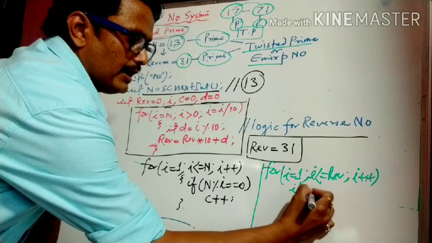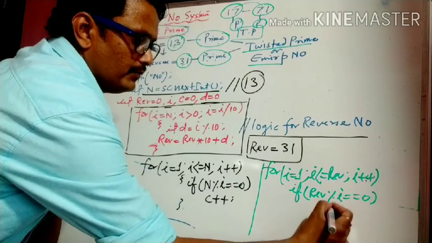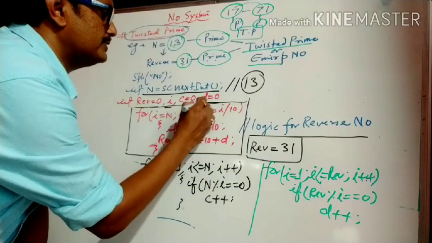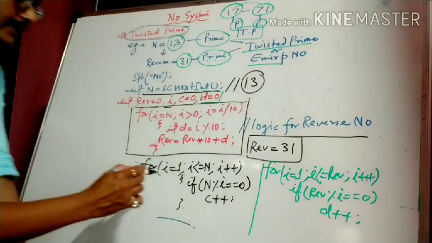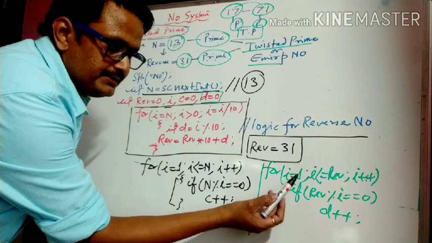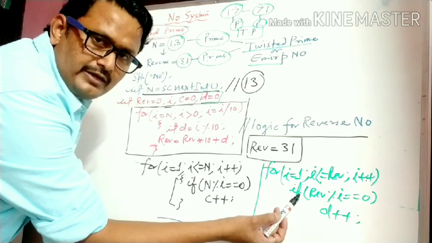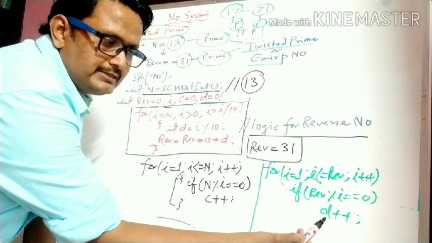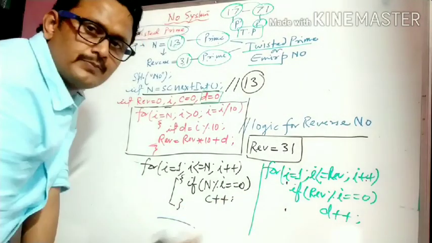If rev modulus i is equal to 0, that will be d plus plus, already initialized d. Here the bracket is not necessary. In this part I used brackets, here I did not give brackets. It means if this condition is true, it will execute a single statement, d plus plus. So without curly brackets, this program will execute.